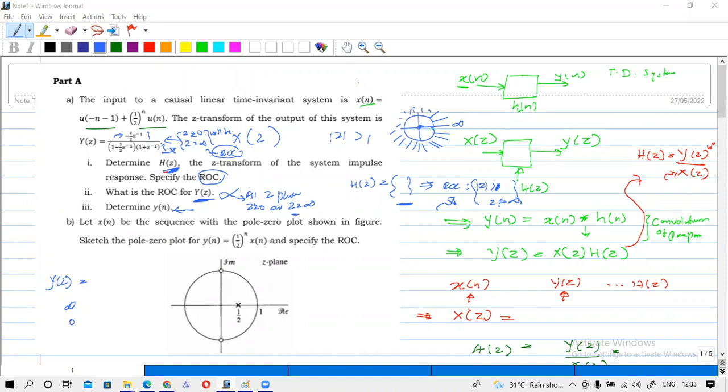There is a standard one, contour integration, but normally we are not using that. We have found two other methods: power series expansion and partial fraction. You have to do the partial fraction method.